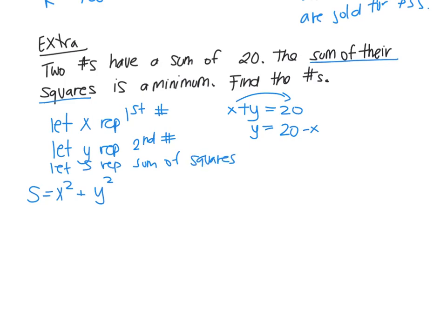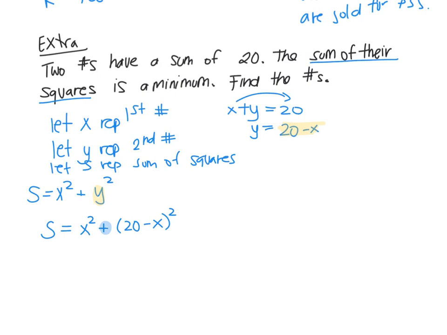Okay, so my only problem here is that I have too many variables. So I'm going to replace y with 20 minus x. And when I do that, I get the sum of the squares, s, is equal to x squared plus (20 minus x) squared. This is not factored because we have that addition between those two brackets.